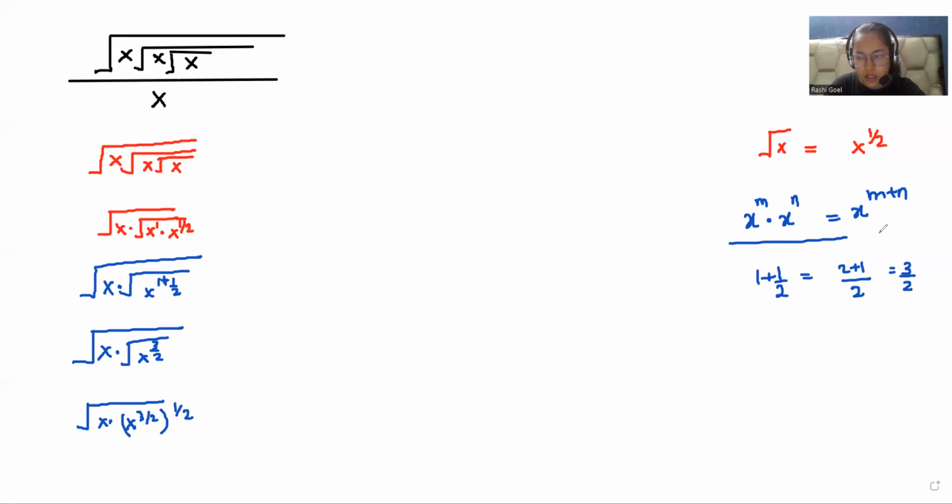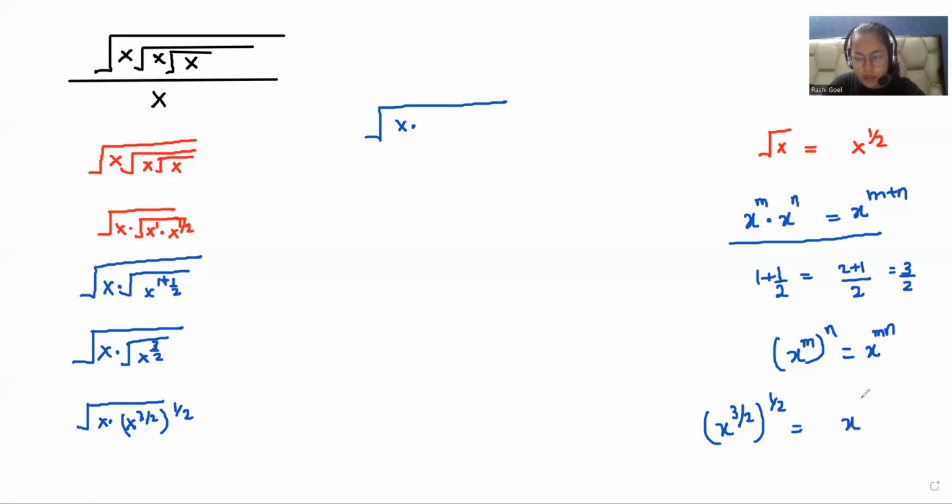Again, I'm using the identity that x power m power n is equal to x power m times n. So x power 3 by 2 power 1 by 2, we can write as x power 3 by 4.